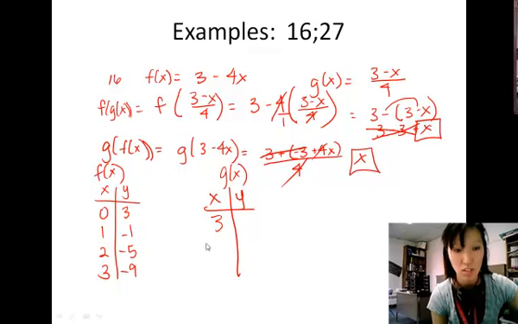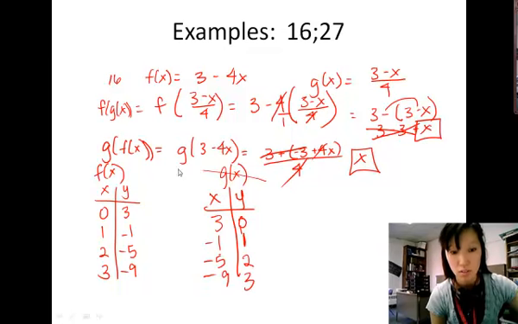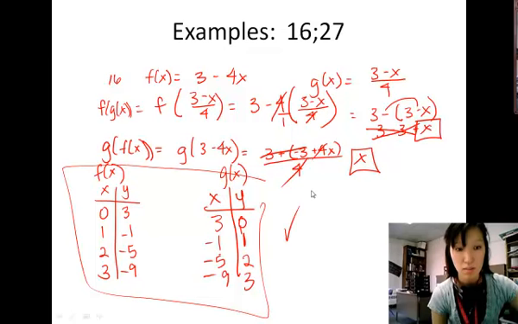We started at 3. Now if you plug these in over here, so what's 3? We're going to get 3 minus 3 over 4 is 0. Negative 1, so 3 minus negative 1, that's going to be 3 plus 1, so that's going to get us 1. And what you will see is these do end up being the same. So graphically as well, they check out to be inverses.